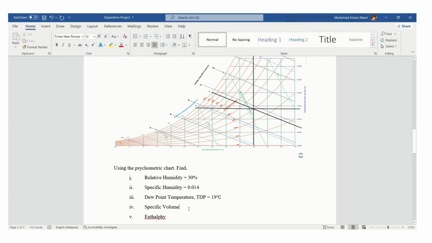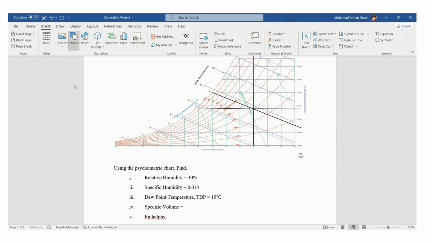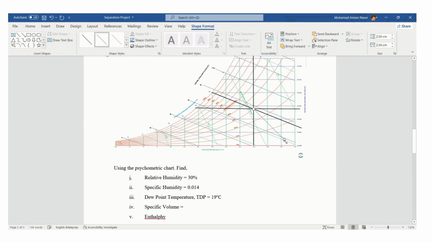Right. Now we look for the specific volume. Specific volume is here. The line 1, 2, 3, 4. Here is the line of specific volume. Now I take the line. Make a line parallel to the specific volume.